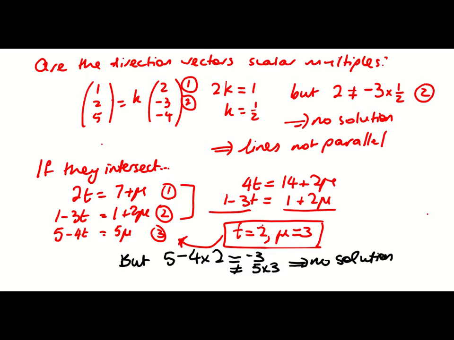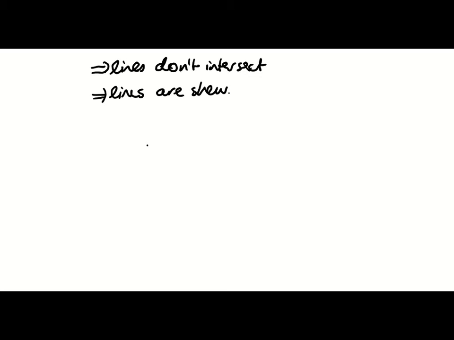I'm going to go on to the next slide so we can write this out nicely. Right, so there's no solution for mu and t. So we can say the lines don't intersect. And that means that because they're not parallel and they don't intersect, the lines are skew. So that's good. That's the first part of the problem done.